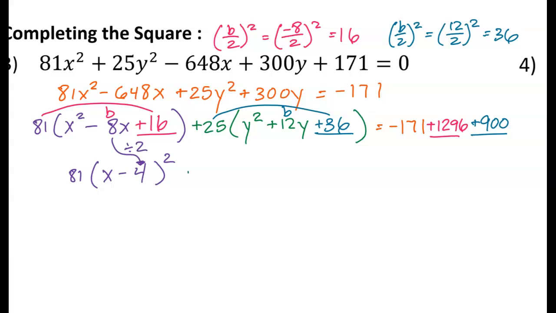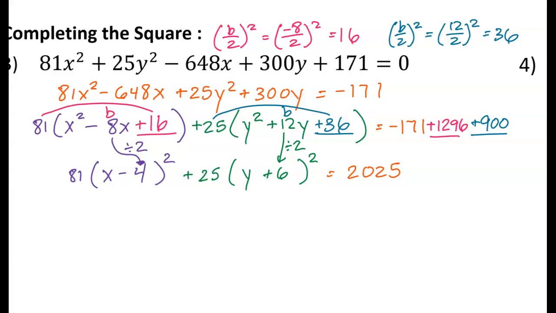I'm going to bring down the 25. Somebody else, give me the y quadratic. Good. Y plus 6 again. Our little trick, divide b by 2. And what does that whole right-hand side equal? 2025. Good.